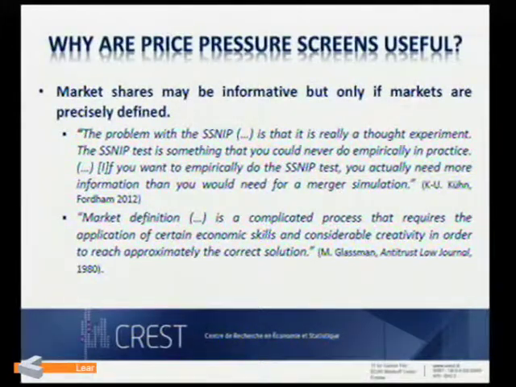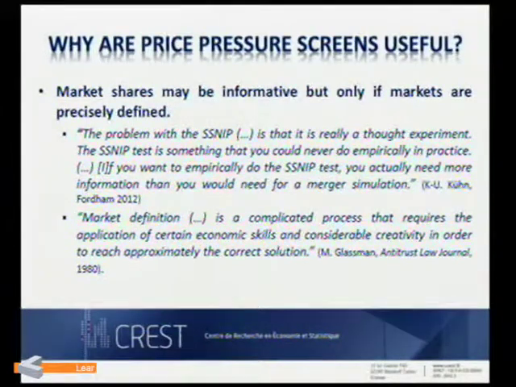Kaplow has a quote from a few months ago that, in the end, delineating markets using the SNIP test, as should be the normal quantitative method, is really not more than a thought experiment, and that you rarely see the SNIP test carried out properly in practice.